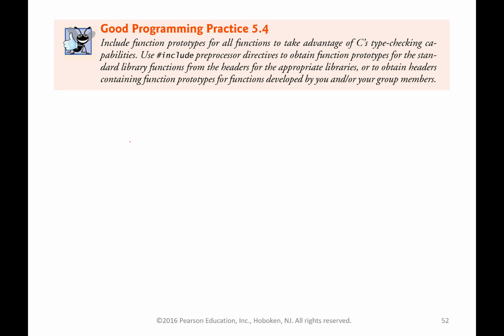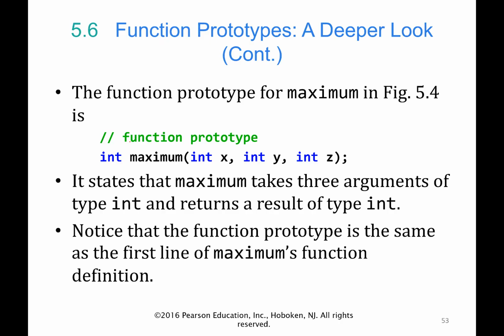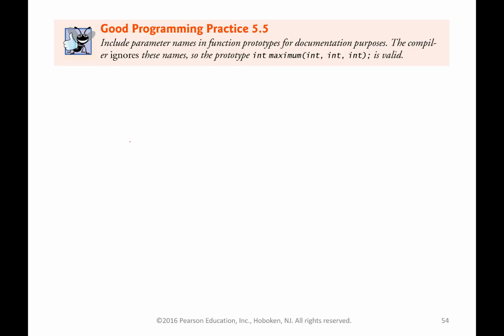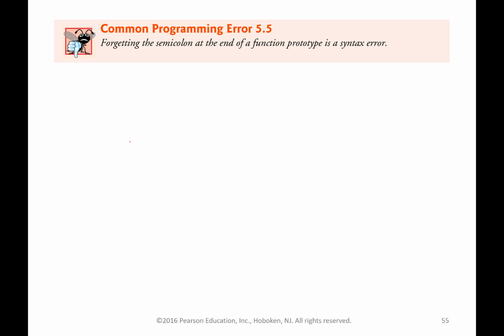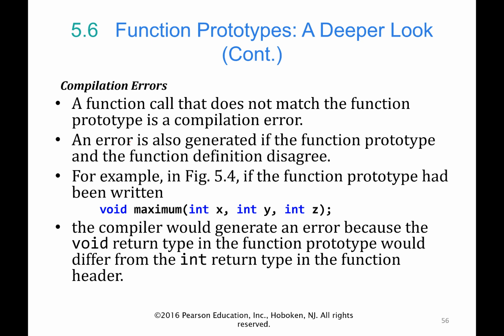This prototype simply says that the function is going to return an int and receive three ints. It's just repeating. There are a lot of slides, but as I said, I've gone through over a fourth of them. Compilation errors: the function call doesn't match the prototype. An error is generated if the function prototype and definition disagree.